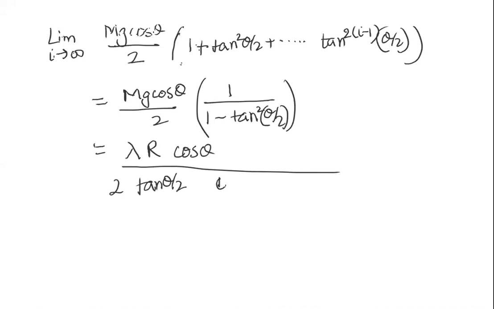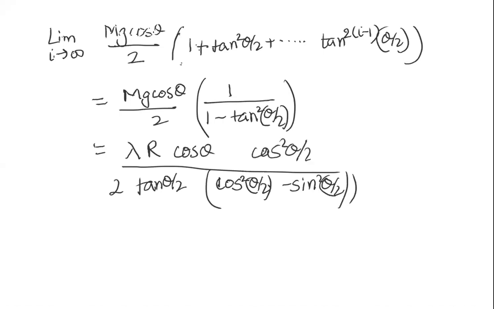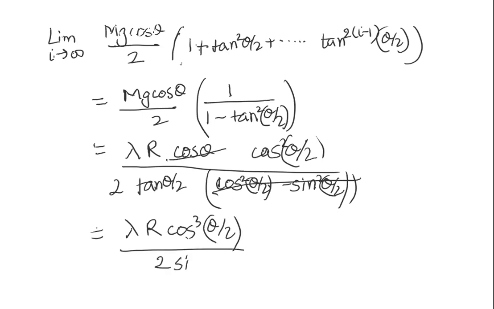So I would like to write this as cos square theta by 2 minus sin square theta by 2 into cos square theta by 2. Cos theta I can write as... ये दिखाई दे रहा है, ये दोनों कैंसिल हो जाएंगे. Yes, sir. So this would simply become lambda r cos cube theta by 2 divided by 2 sin.